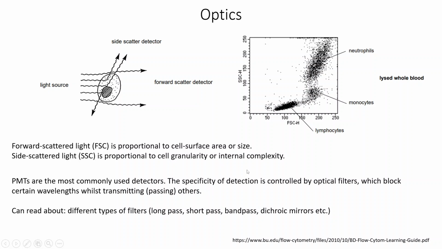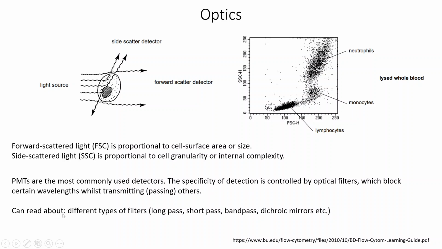So I want only that range, maybe from say 500 to 540, to hit my detector. I can have an optical filter that blocks wavelengths outside of that range and transmits the ones I want towards the detector.